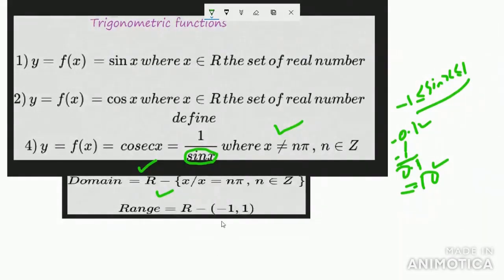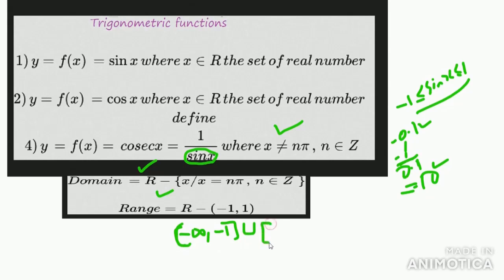And this set can also be written like this: minus infinity comma minus 1, where minus 1 is included in a closed bracket, union 1 comma infinity. Both are the same.